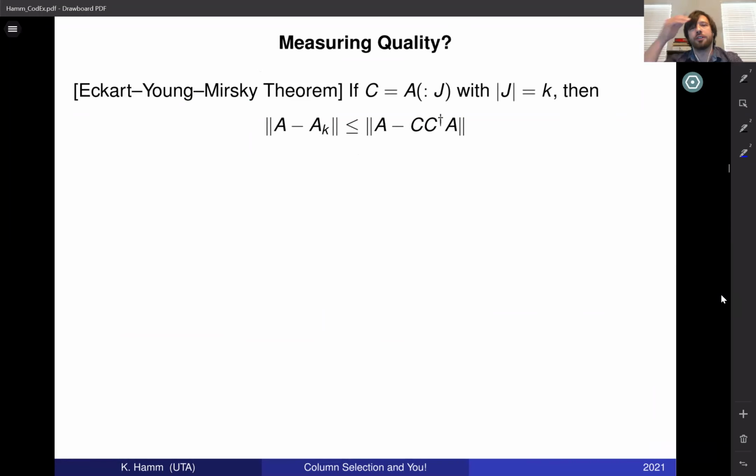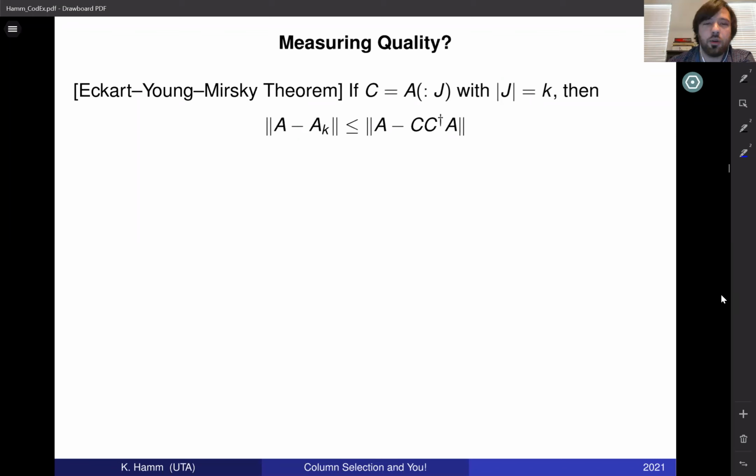So for all of these column selection schemes, how should we measure the quality? Well, first, remember everybody's favorite linear algebra theorem, the Eckart-Young-Mirsky theorem. Okay, maybe that's a bold statement. But if I take k columns of a matrix, then I have a lower bound on this projection error given by the error incurred by taking the truncated SVD of order k.